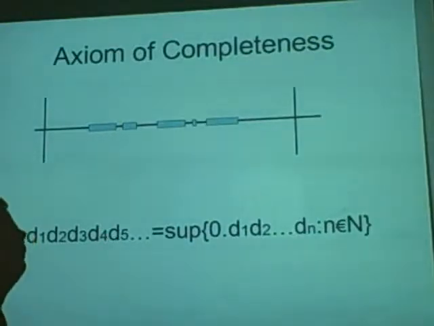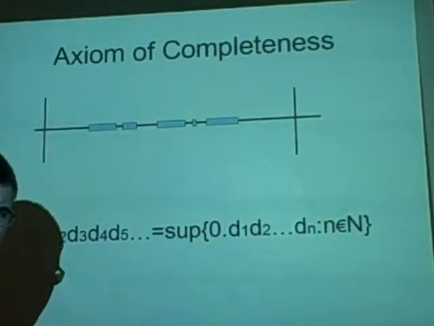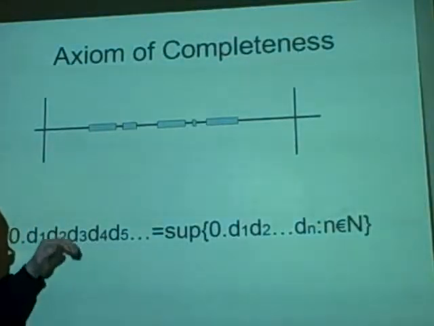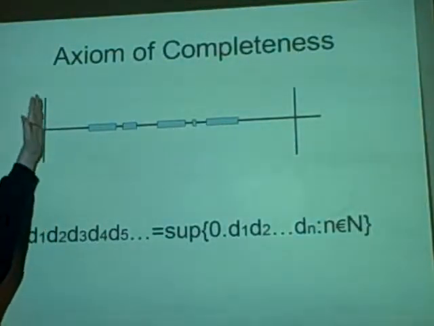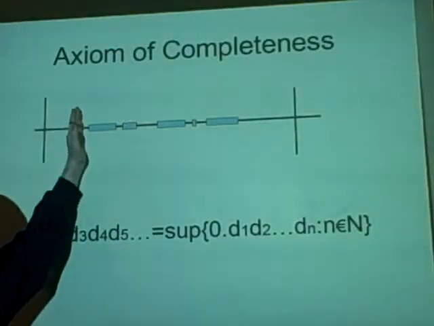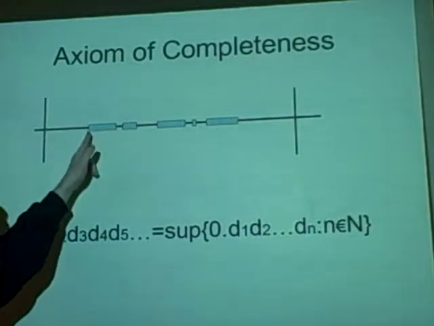Now, the axiom of completeness is where it has both a supremum and an infimum. So for our infimum, which is inferior down here, we have to move it up so that it is the greatest lower bound. So we move it right up to there.